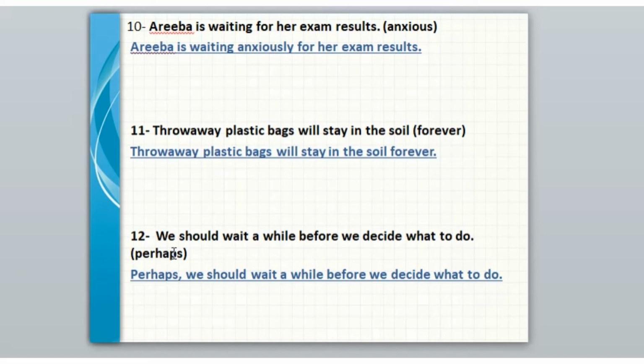Bracket says perhaps. So students, perhaps means preferably what they should do, because in that sense we use perhaps. So perhaps we should wait a while before we decide what to do. Perhaps can be placed at the beginning of the sentence. Perhaps is one adverb, used like maybe we should do this. When you want to suggest something to someone, then we say perhaps.